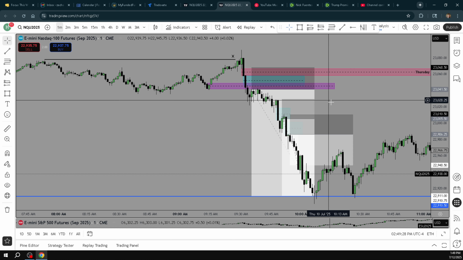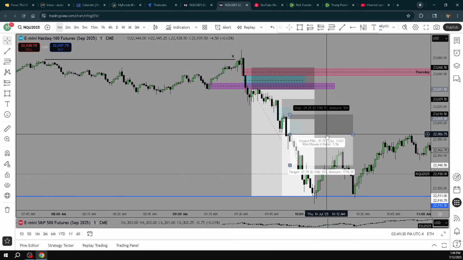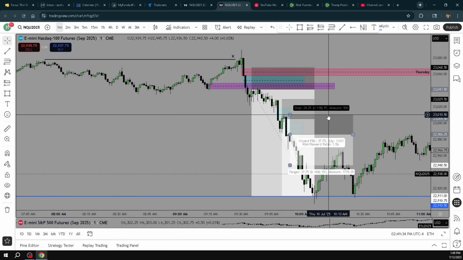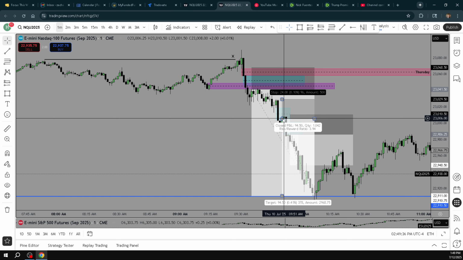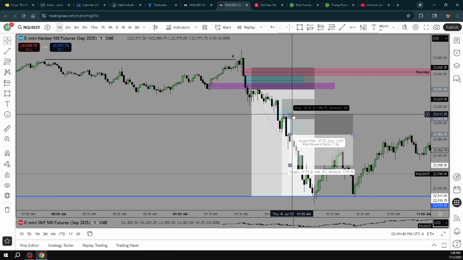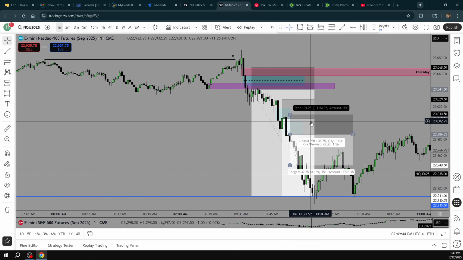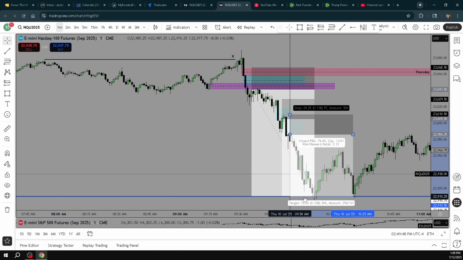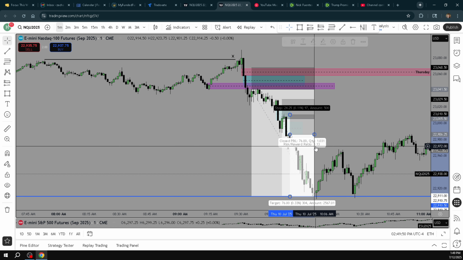Then on our second pyramid, our third entry, it would be 5 points above our second entry. So total, we'd still be in profit, but on this trade, we'd be 5 down. So we could use one less contract on this final entry. Let's just say we did that. Same target, 3R trade.